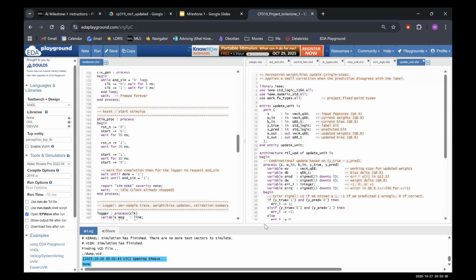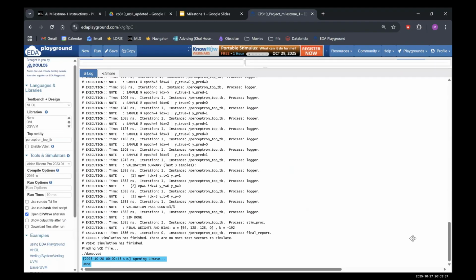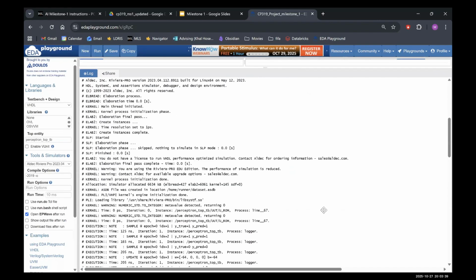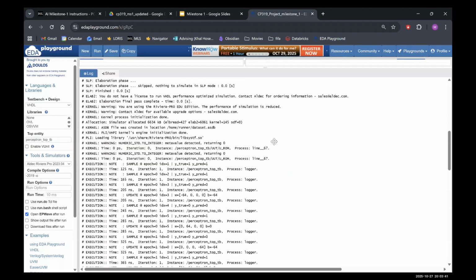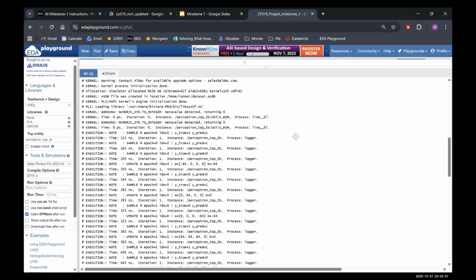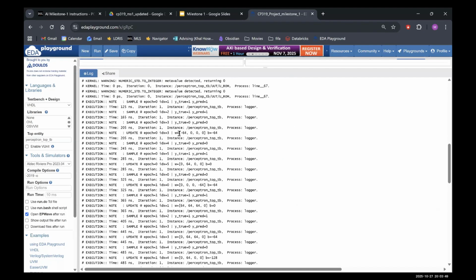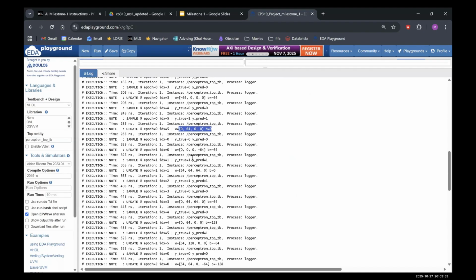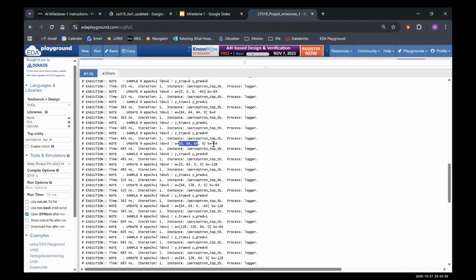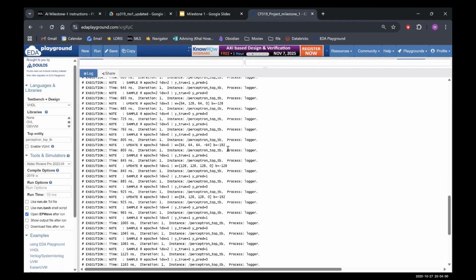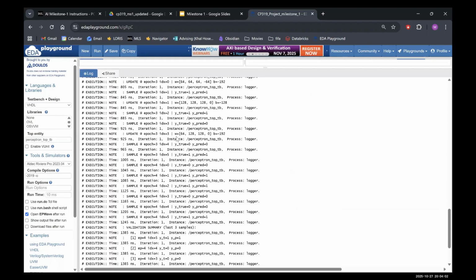If we look at the log here, we can see all weights and bias start at 0, and we can see the process of how the weights update as we go through all the iterations. It just keeps updating and updating.